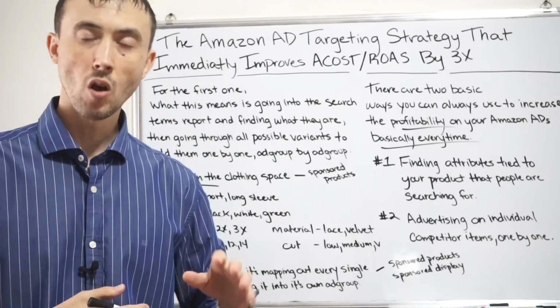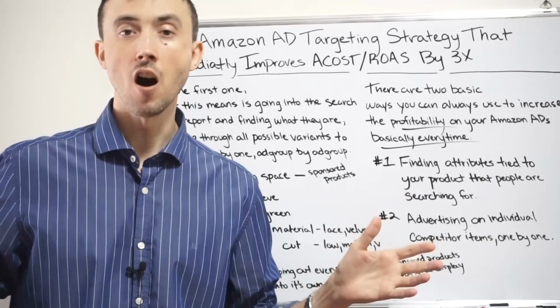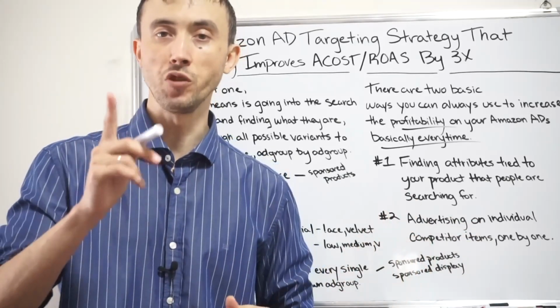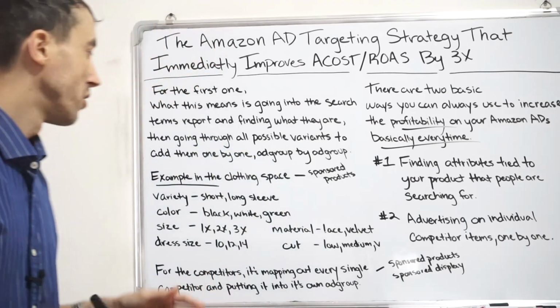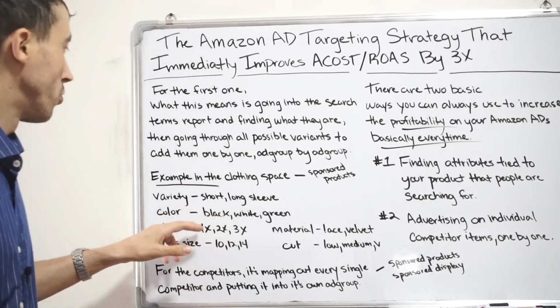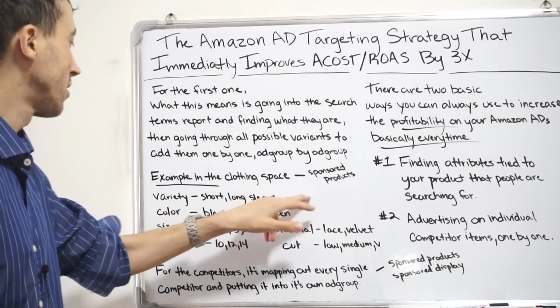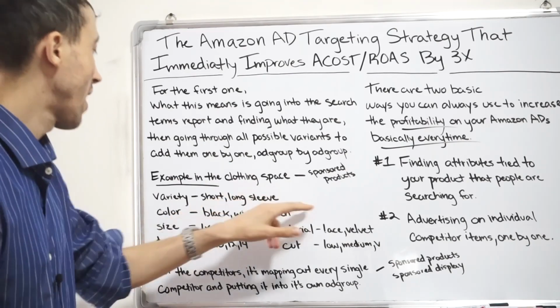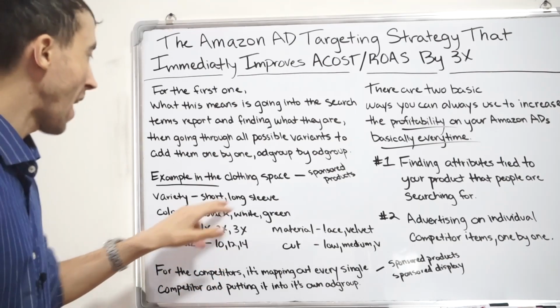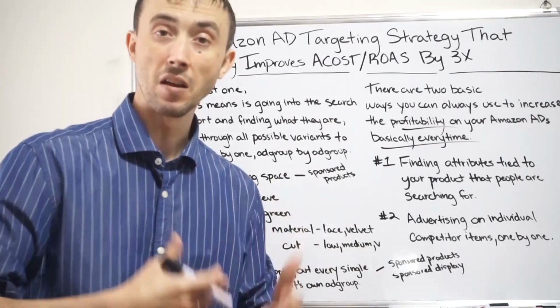So ultimately, you'll have potentially hundreds of different keywords for that one item when you're done. So it'll just mix and match, because you'll get just 1X long sleeve dress, just 1X black dress, just size 10 black dress, and so forth. You get my point here.